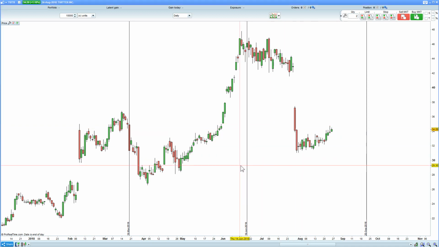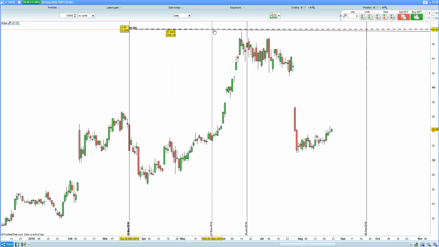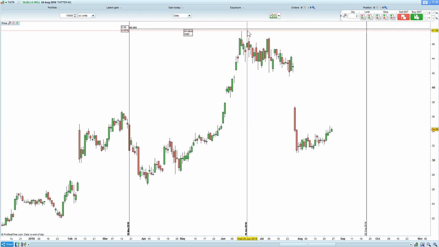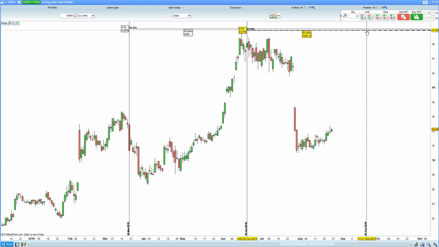So we go right there. So that's the first step: you find the first day of each season. Pretty easy, right? The next step is to count the number of trading days within each season. So this one has 64 bars, and this one has 65 bars.